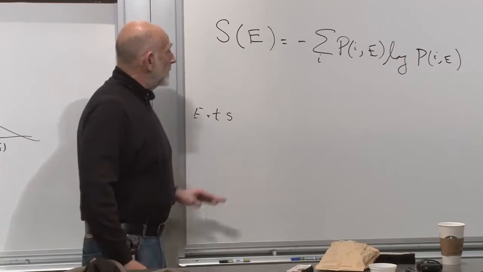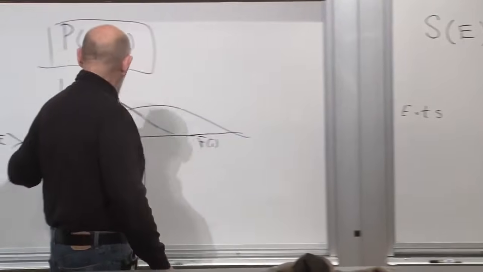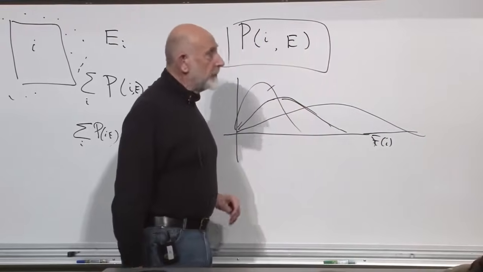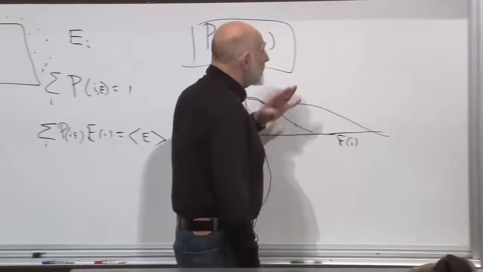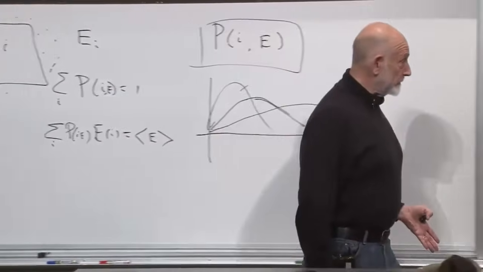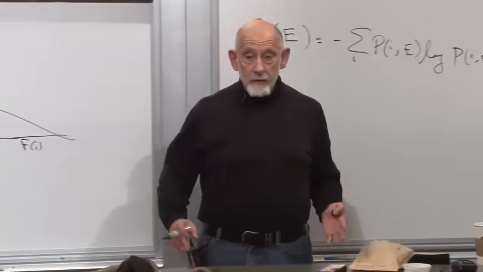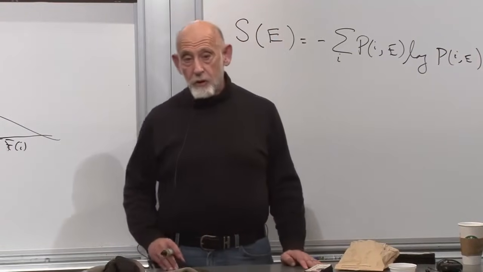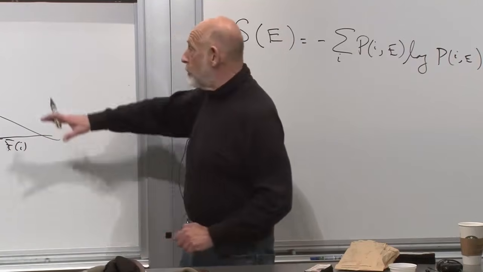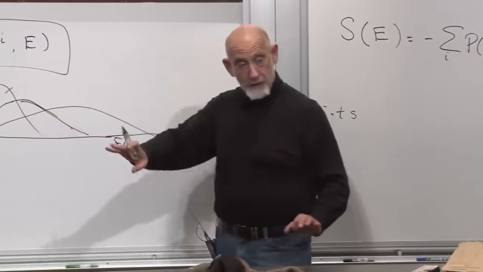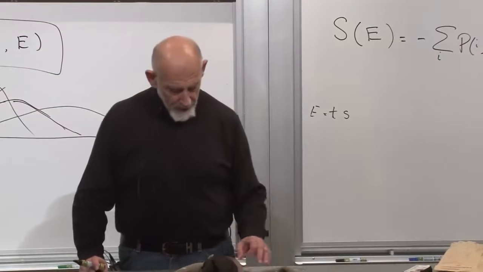The entropy, which is a feature of a given probability distribution, now becomes a function of the energy, because for each energy we have a different probability distribution. So that tells us that there's a connection between entropy and energy if we know this one-parameter family. And as I said, we'll discuss later where that comes from.